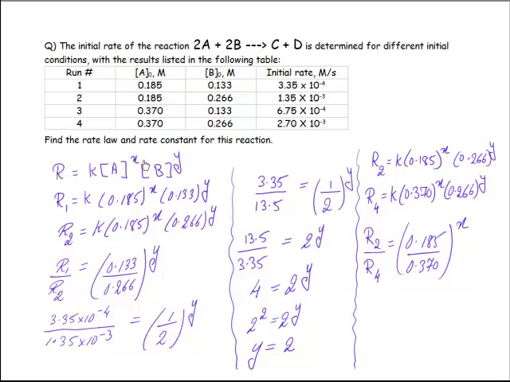Now R2 is 1.35 into 10 to the power minus 3, and R4 is 2.7 into 10 to the power minus 3.